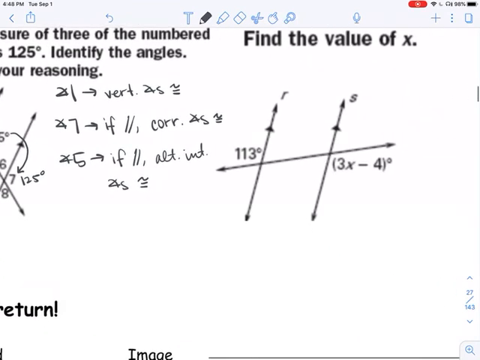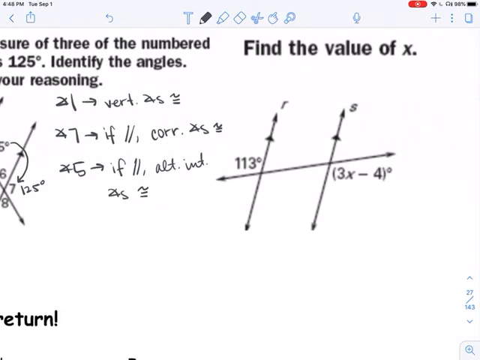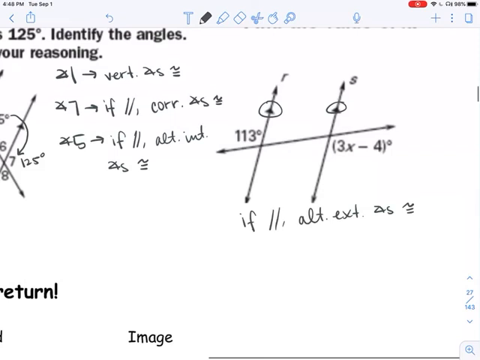Okay, and the last one, find the value of x. This 113 and 3x minus 4 are alternate exterior angles, and because our lines are parallel, I know that if parallel, alternate exterior angles are congruent, so I can set those equal to one another. 113 is equal to 3x minus 4, and we can solve for x from there.